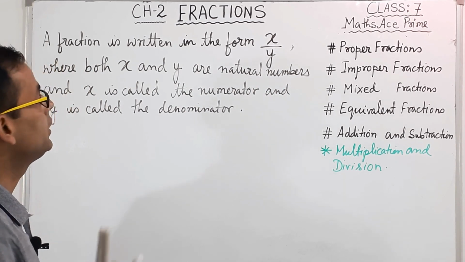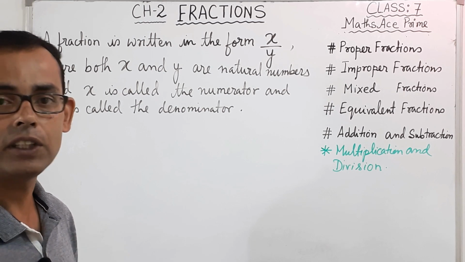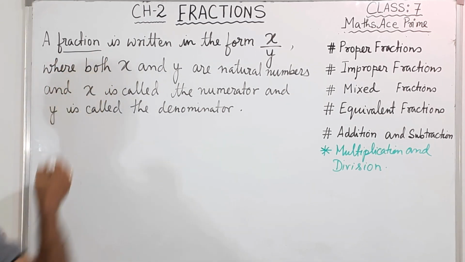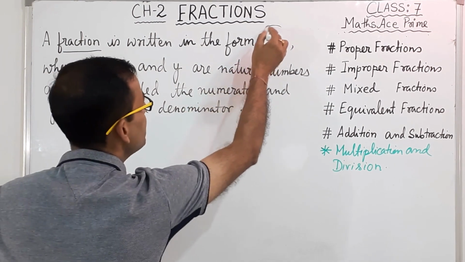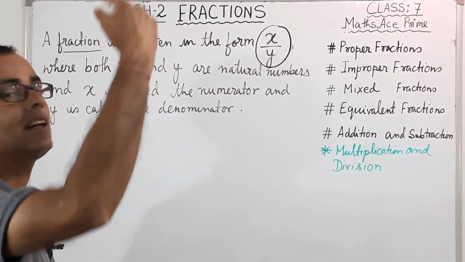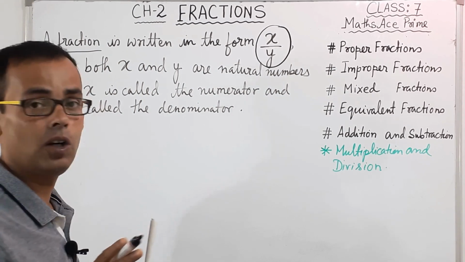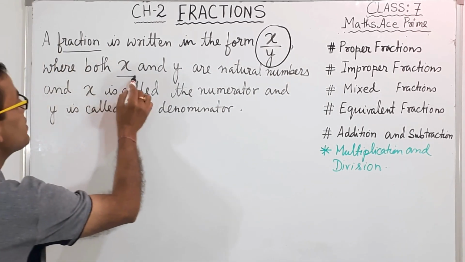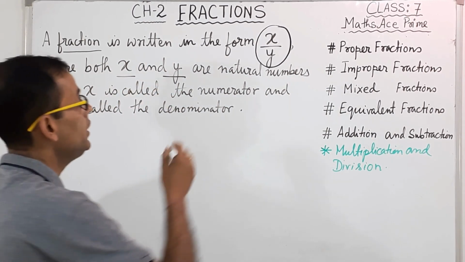So the chapter name is fraction, so we must know the definition of fraction. So what is fraction? A fraction is written in the style x by y. That means x is on the upside, y is on the downside. You must know the style of writing a fraction, where both x and y are natural numbers.